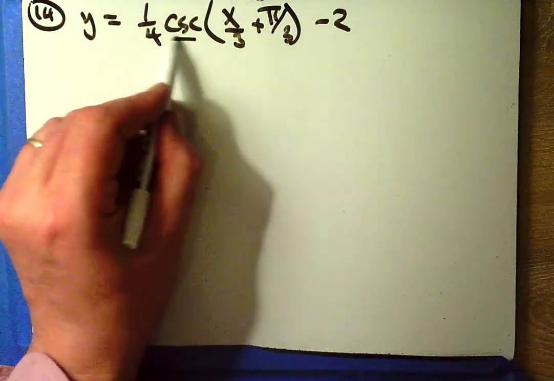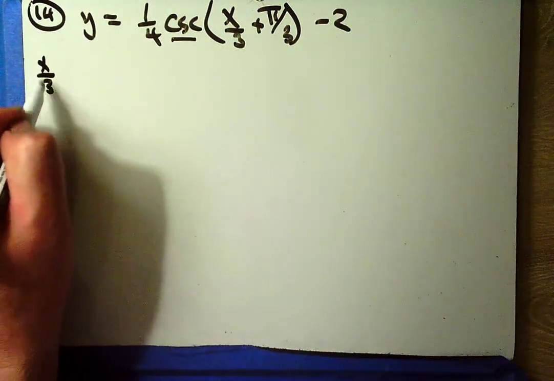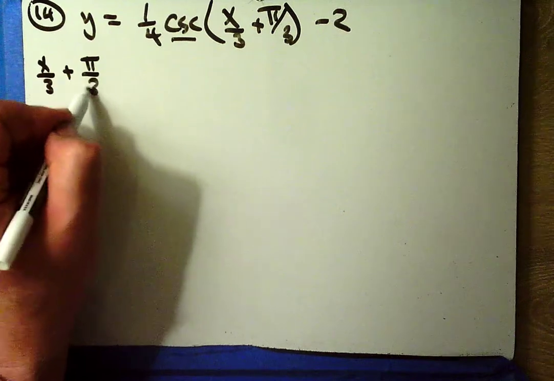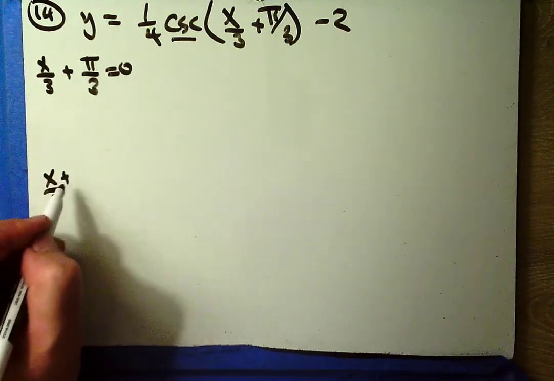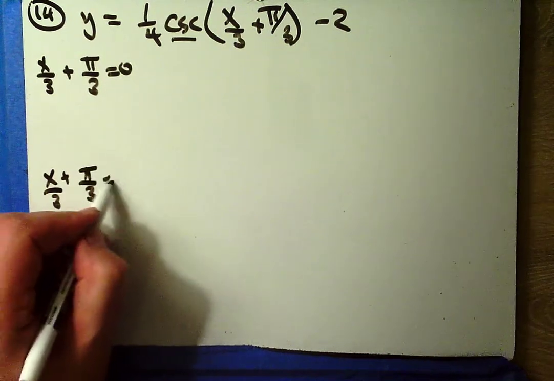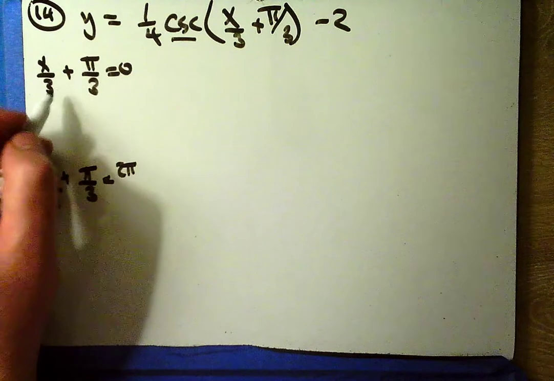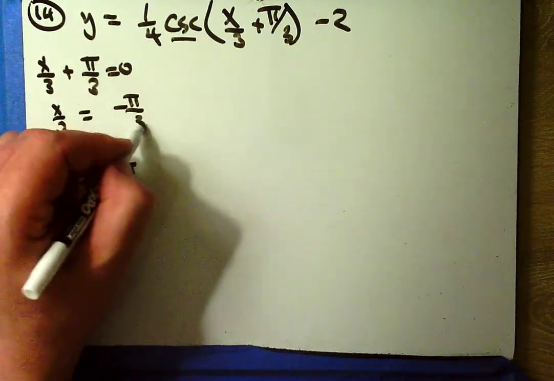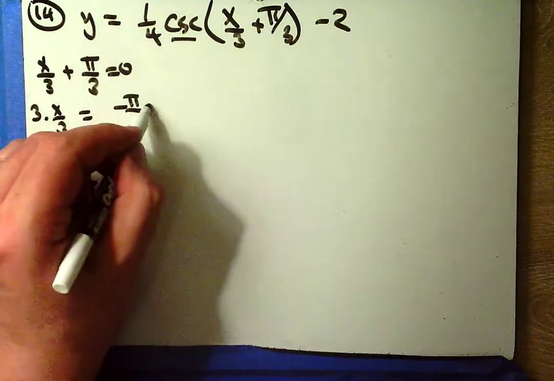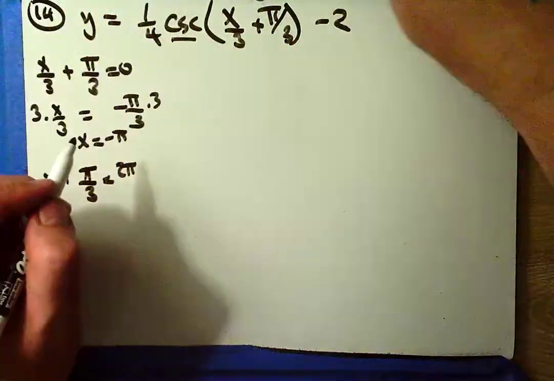Okay, so I'm graphing sine, because this is cosecant. x over 3 plus pi over 3 equals 0, and x over 3 plus pi over 3 equals 2 pi. I subtract pi over 3 from both sides, I get x over 3 equals negative pi over 3. I multiply both sides by 3, and I get x equals negative pi.